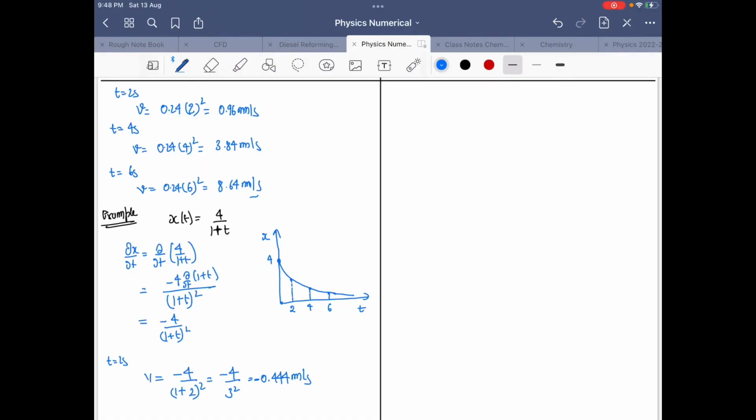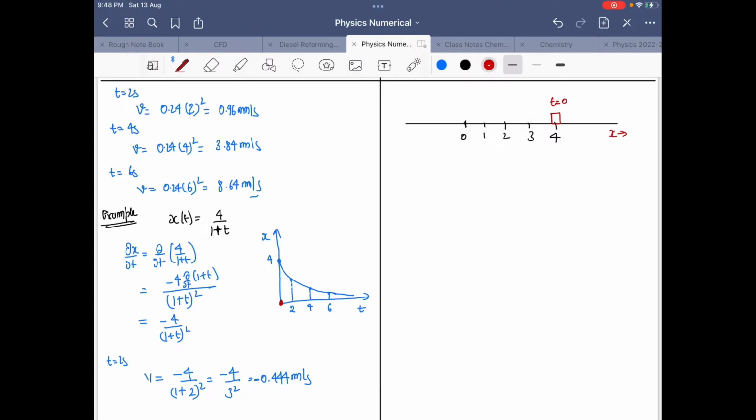What does this negative sign tell us? Suppose you have your object and this is some origin O. Initially at time t equal to 0, our object was at 4 meter. So our object at time t equal to 0 was here. Let's take this as the x-axis, or x as the distance.